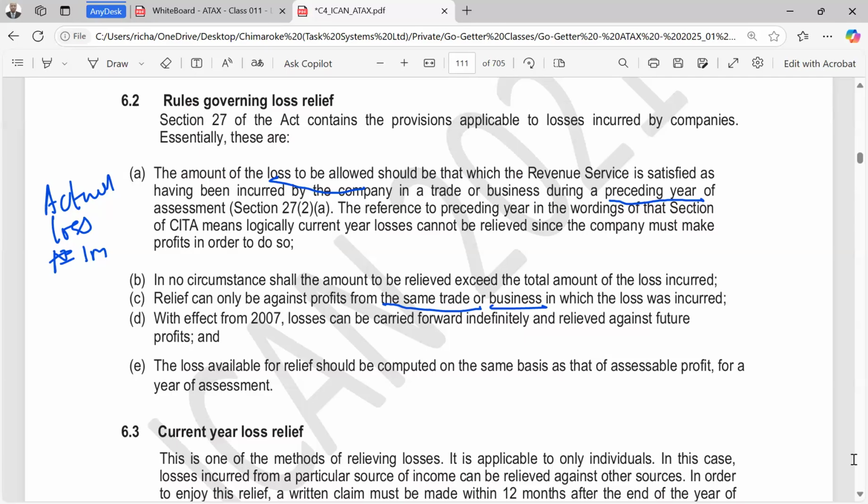All the losses you have been accumulating from 2010 to 2017, you are bringing them into 2018. And if the profit you have can relieve all of them, then that is fine. If you cannot relieve all of them, you relieve as much as your profits can carry, and the remainder you take forward to the next year until you find a profit that can clear the loss.